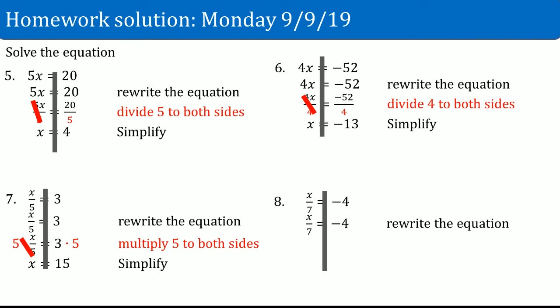It is to multiply by 7. So in this case, I multiply by 7 on both sides. The 7 over 7 on the left-hand side of the equal sign cancels out. You see how it cancels out? What I have left over on the left-hand side is just an x. On my right-hand side is negative 4 times 7, which is negative 28.